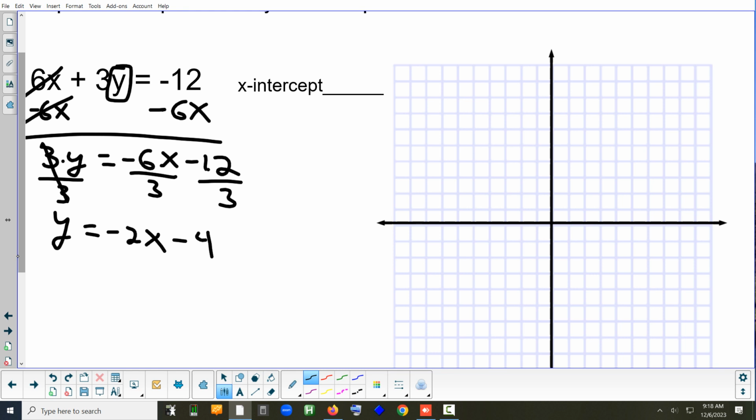Negative 4. Yep, negative 4. So how do I put a dot for that y-intercept? Where do I go? Eli, can you tell me where I put it? For the y-intercept, on the y-axis. Yep, and where on the y-axis?